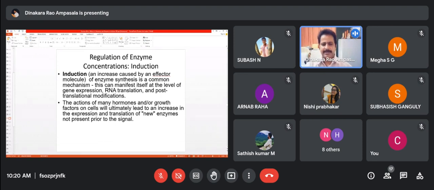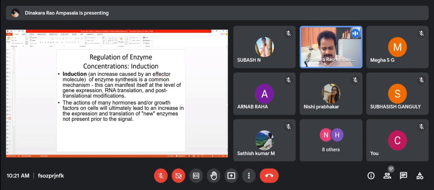Then some enzymes are synthesized by transcriptional and translational activity at the gene expression level. Some molecules enhance gene transcription by binding to their promoters. So RNA polymerase will interact with the DNA, then mRNA will be formed, and the mRNA will be converted into protein.